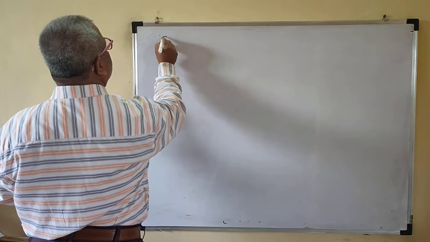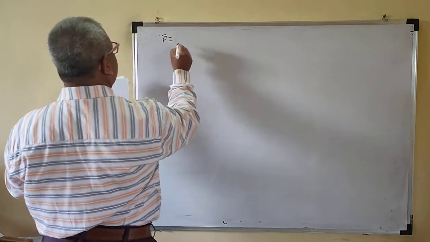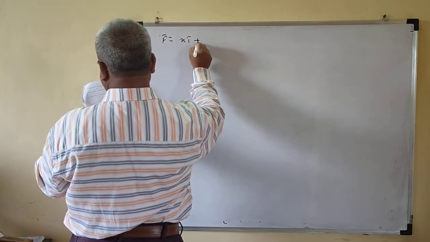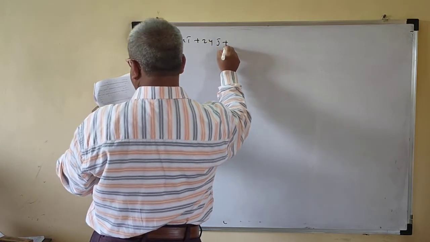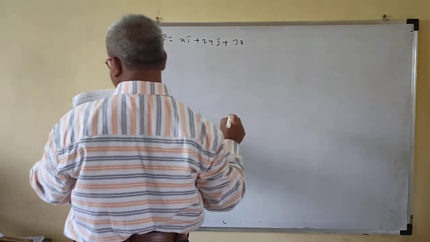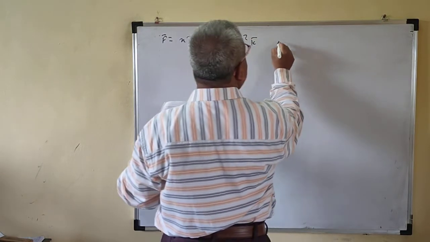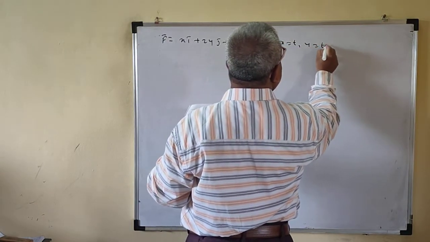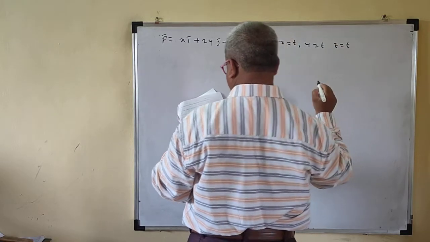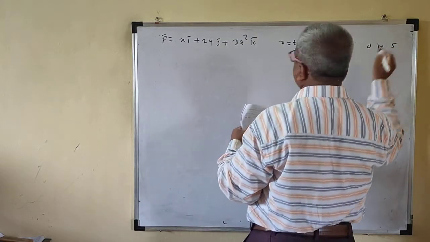Suppose F bar is equal to x i bar plus 2y j bar plus 3z square k bar. The curve is x is equal to t, y is equal to t, z is equal to t, with t from 0 to 5.